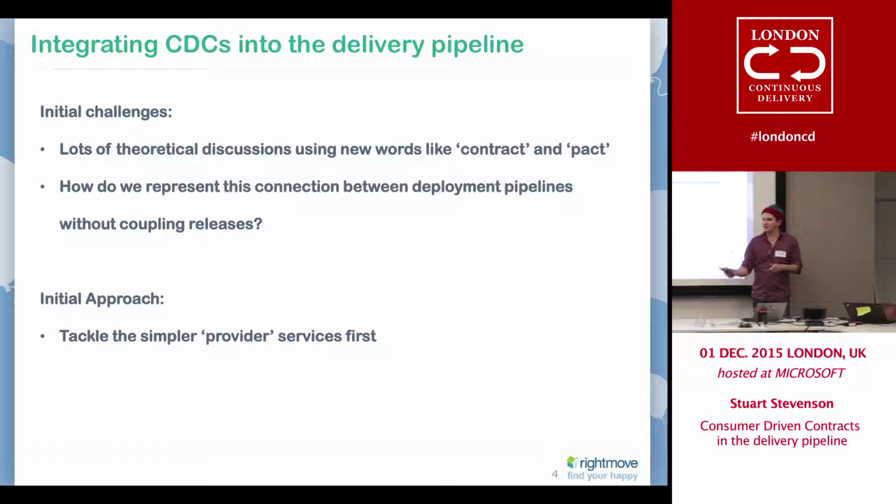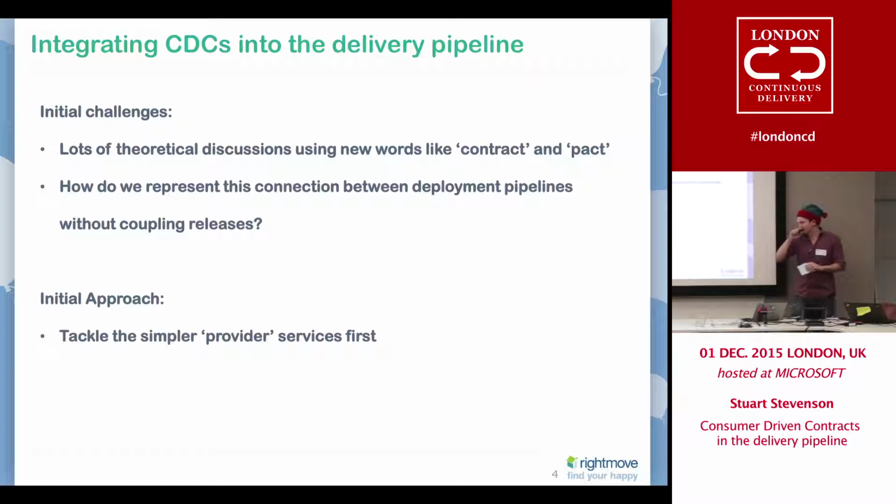And we've got providing services that are going to publish some artifacts that we then want to run those tests against. So we're trying to have two separate pipelines for our different services. How do we make sure we're not coupling our releases? How do we make sure that we don't tie them together, that we're able to release them independently, and how do we automate all the orchestration around that?